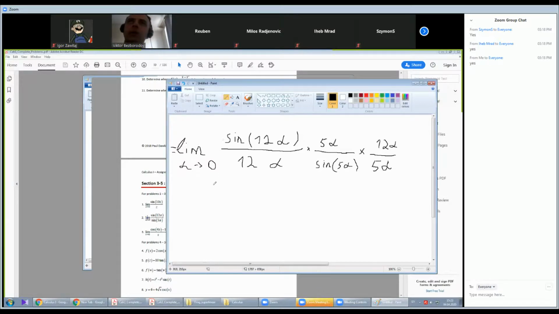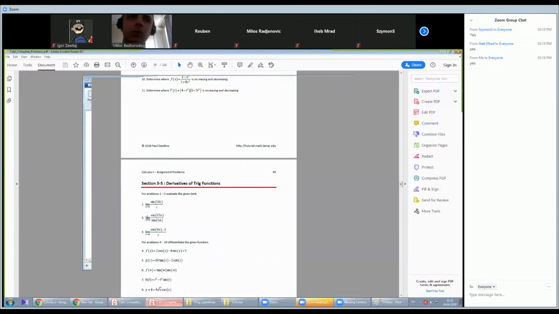But you see why this is made. Now you remember that here you have something indeterminate. I think they're called magical limits. Let me go to the textbook.